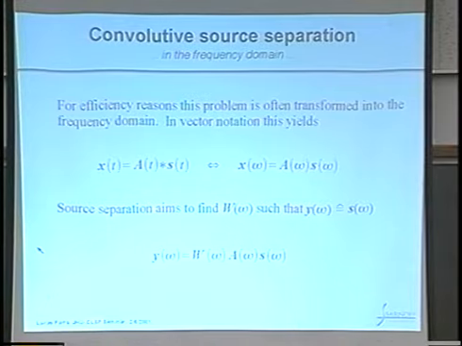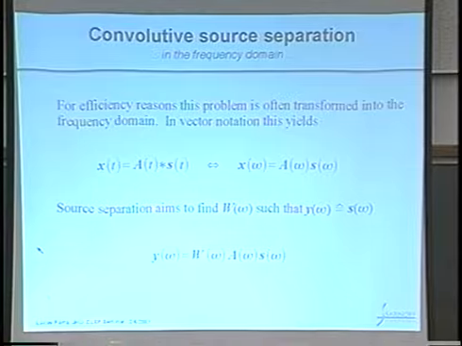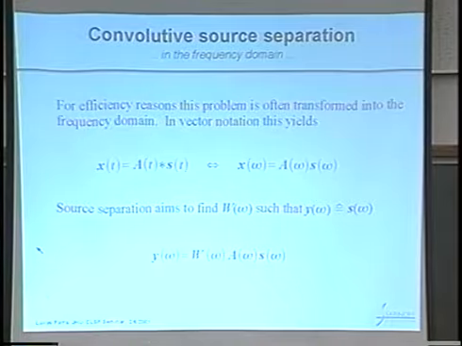Basically, I'm saying, given these x's, how can I factor this like that, right? And what I was saying before, that I'm going to filter this with a w, means that I want this y somehow to correspond to this s. Somehow, because they're not going to be exactly the same, as there are a number of ambiguities which I cannot really resolve. But this w is supposed to invert this a, right?